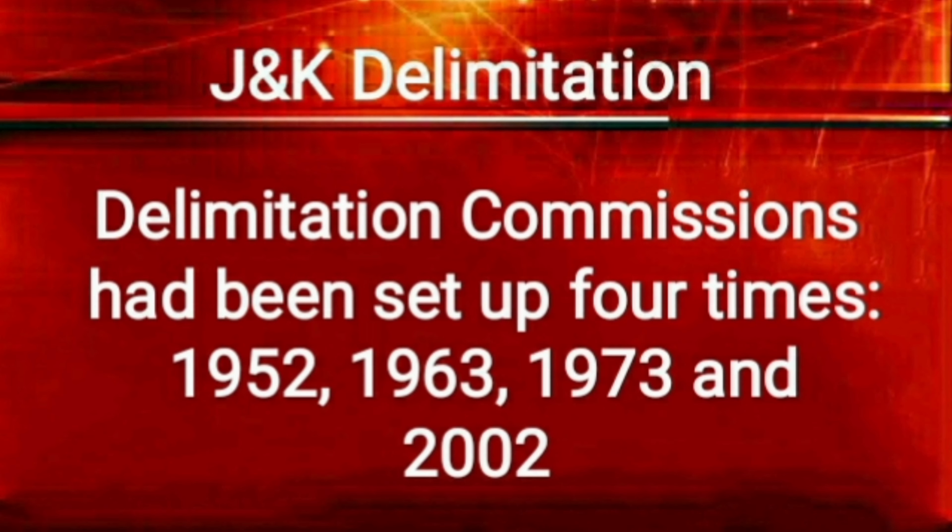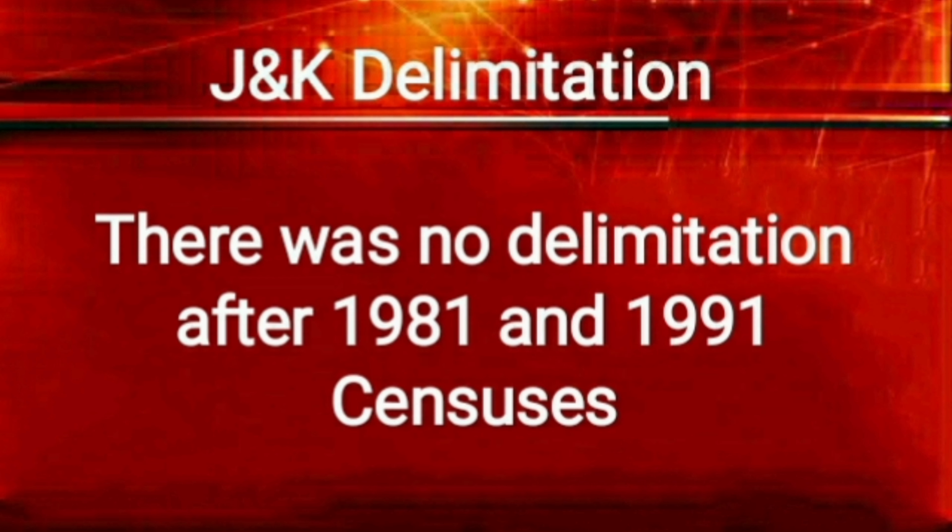The Delimitation Commission Act was enacted in 1952. The Delimitation Commission has been set up in the country 4 times: 1952, 63, 73 and 2002. There was no delimitation after the 1981 and 1991 censuses. So, who is included in the Delimitation Commission's exercise?